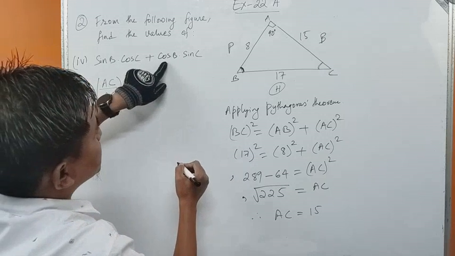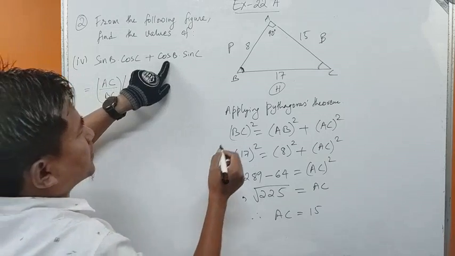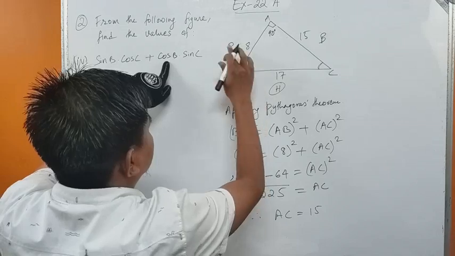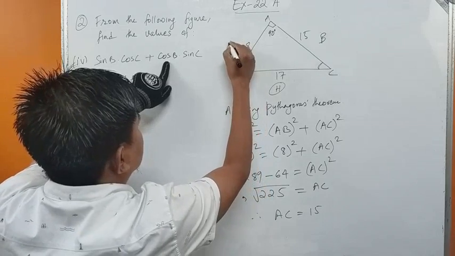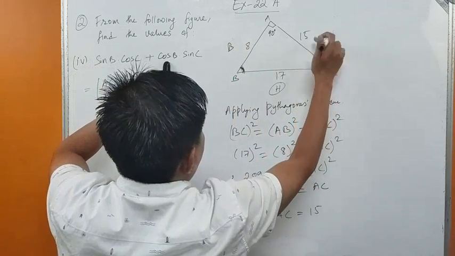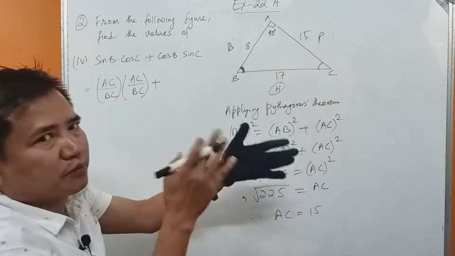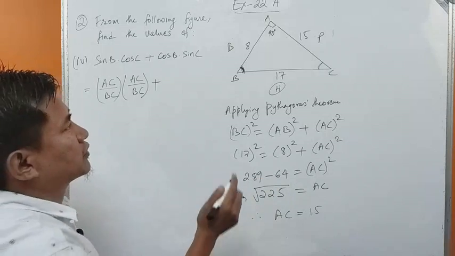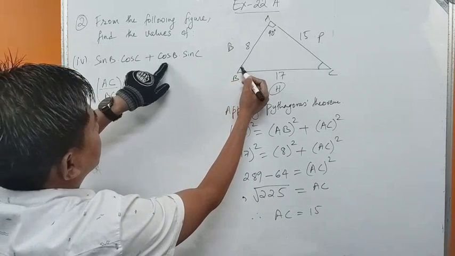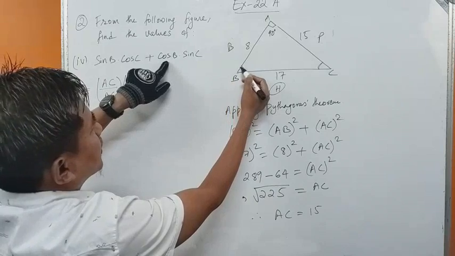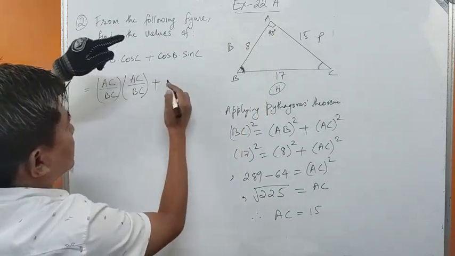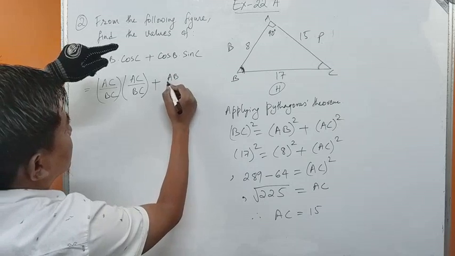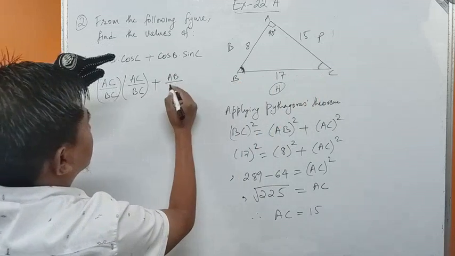Plus cos B. Cos B means we are talking about this angle now. This becomes base, this becomes perpendicular. Perpendicular and base interchange with each other depending upon the angle which we are talking about. Now cos B, base upon hypotenuse. Base is AB, AB upon hypotenuse BC.